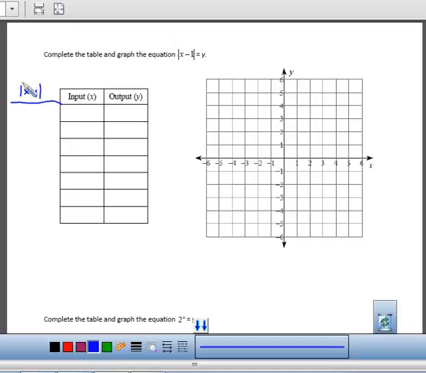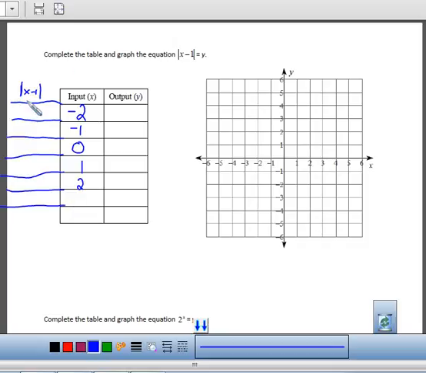So whatever we get when we do x minus 1, we turn it into a positive number because it's the distance away from 0. That's the definition of absolute value. Alright? So my input values, I'll start at -2, go up to +2. I might even go a little bit beyond. We'll see what we have in here.